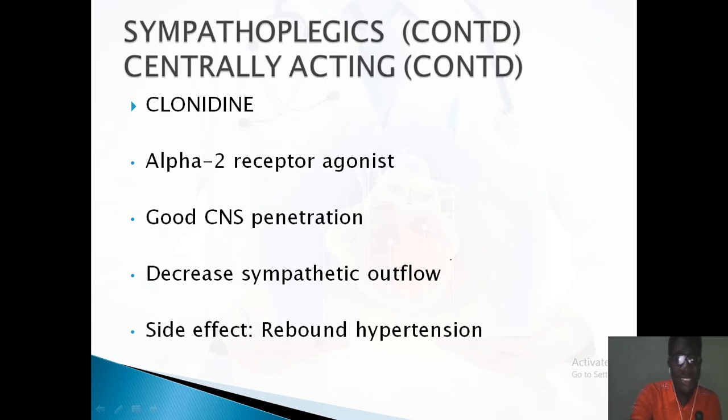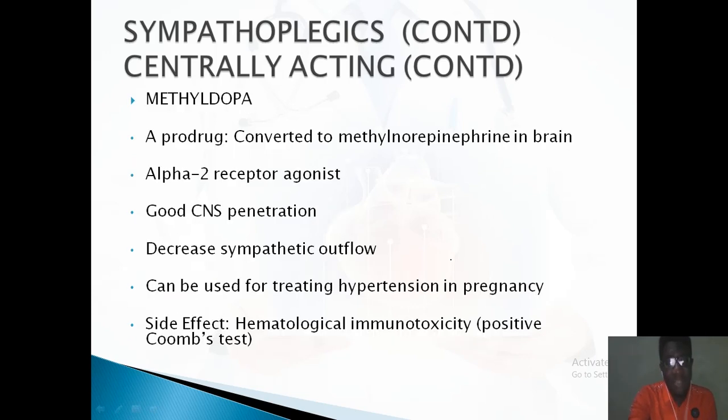Another interesting centrally acting sympathoplegic is methyldopa. Methyldopa is a prodrug, meaning it has to be converted to an active form before it works in the body, like proenzymes or zymogens. They need to be converted to their active form before they can act on the receptors.